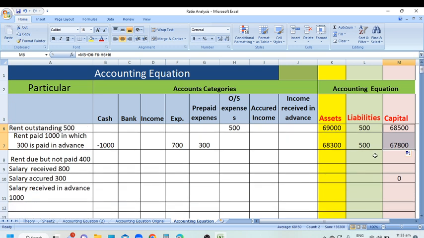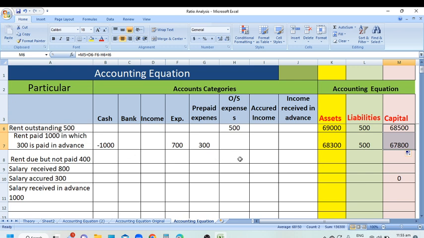Okay, so you can add all these stuff. So you can add 67,800 plus 500 comes to 68,300. Okay, rent due but not paid 400.